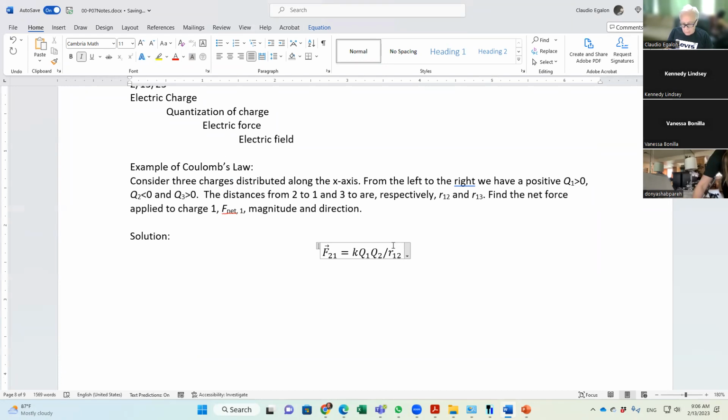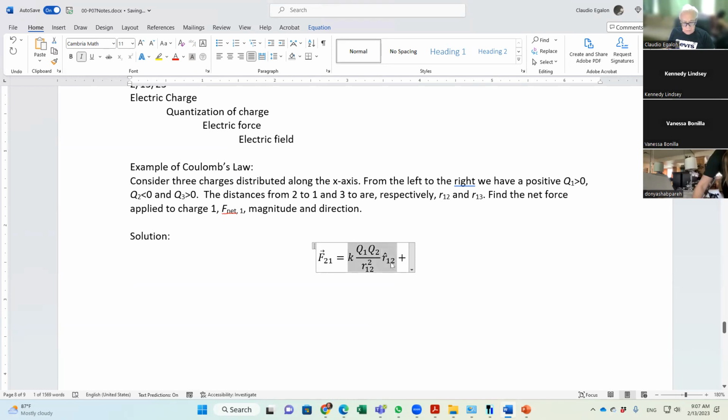By the way, not just R12, it's R12 square. Most books prefer to put the K outside the ratio, and we still have to put our unit vector R hat from 1 to 2. And then we have to sum with the other one.